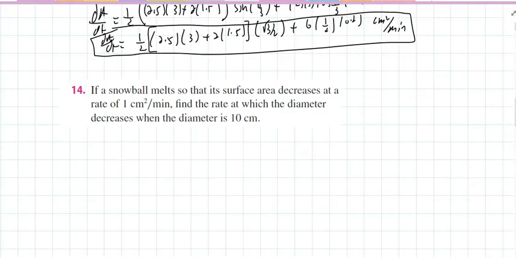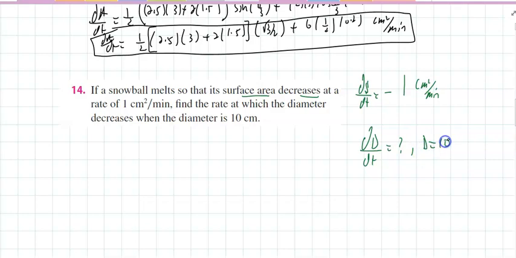Next problem up. If a snowball melts so that its surface area is decreasing, the change in surface area with respect to time, increasing positive, decreasing negative, is 1 centimeter squared per minute. Find the rate at which the diameter is changing when the diameter is 10 centimeters.